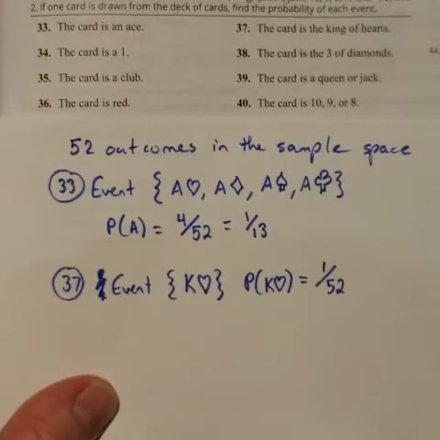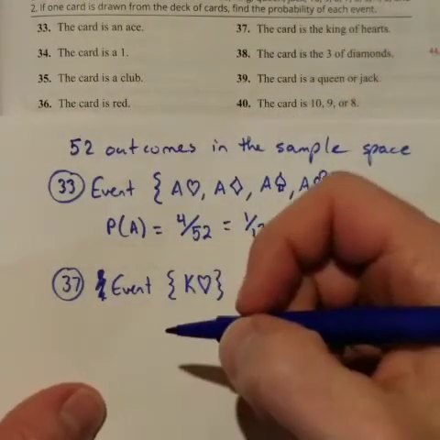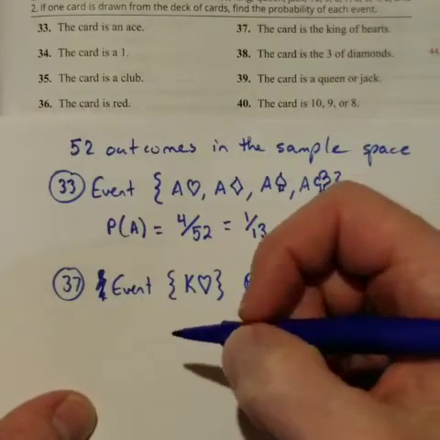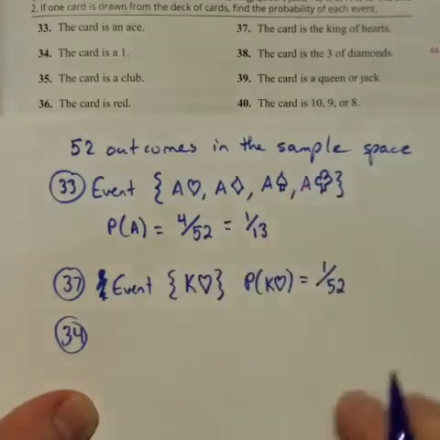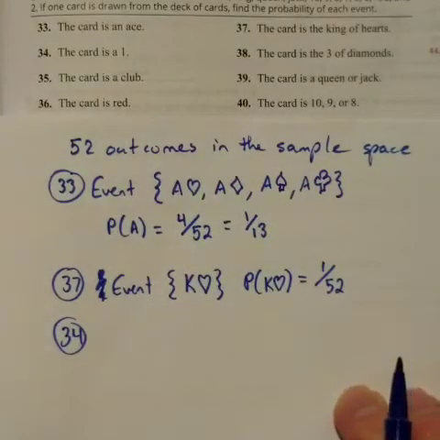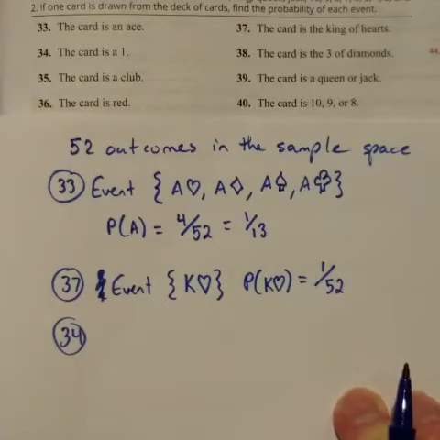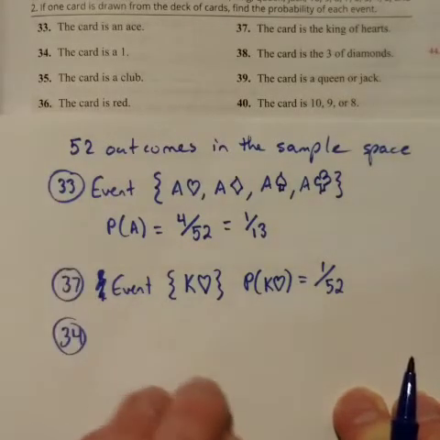Okay. Let's look at 34 here. Let's say the card is a 1. What is a card that's a 1? That's an interesting one. Well, there is no such thing as a 1 card. You could say it's the ace, but that's not what they're getting at. They're trying to get at a card that's not an actual card.